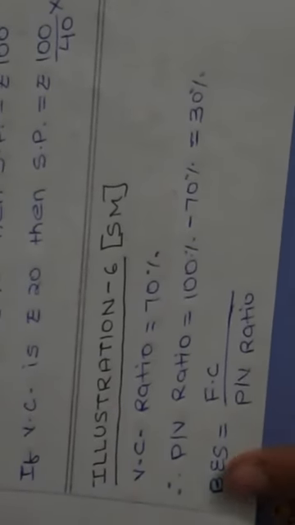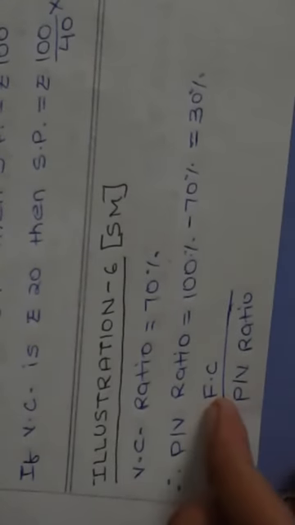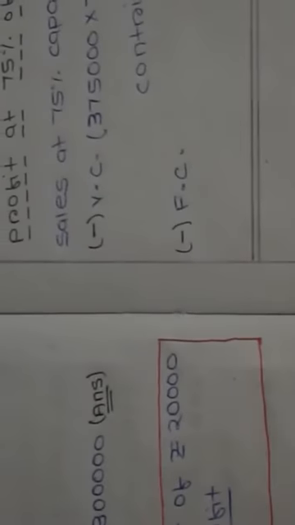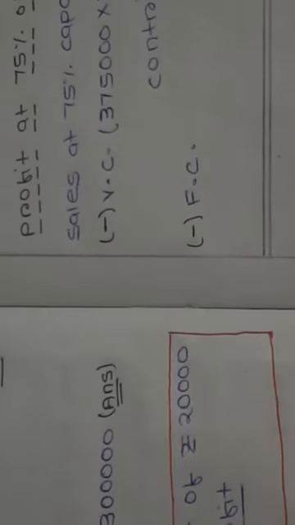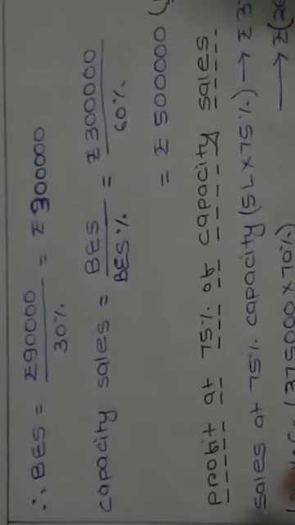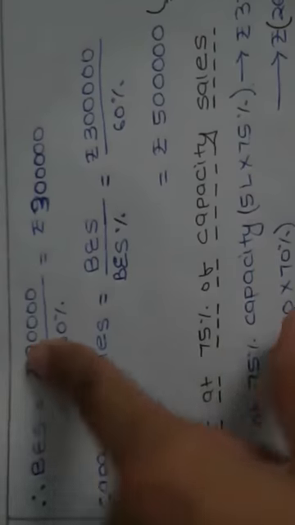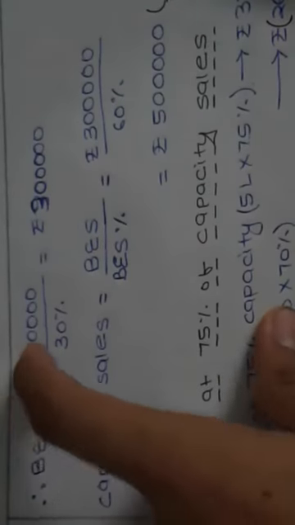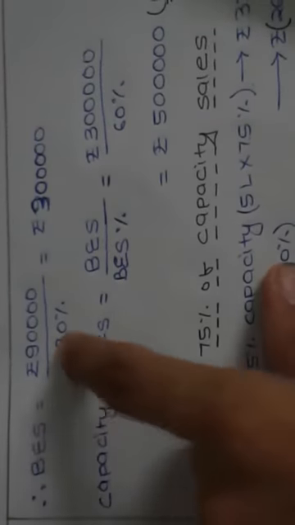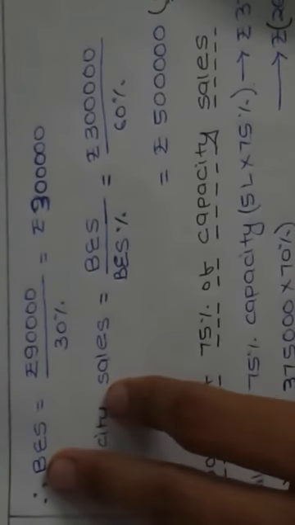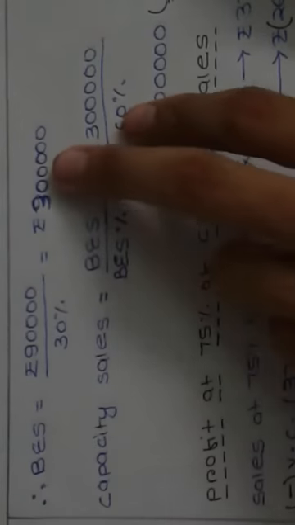We know the formula of break even sales, which is fixed cost by PV ratio. Break even sales is equal to fixed cost, given in the question 90,000, by PV ratio 30%. Therefore break even sales is equal to 3 lakh.